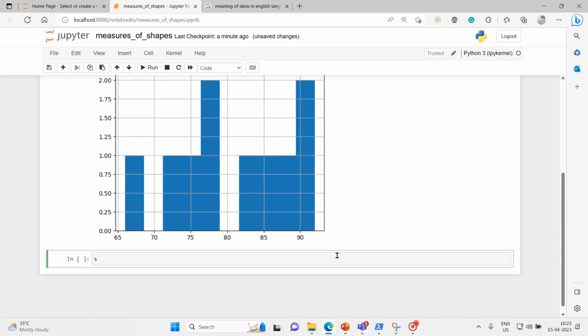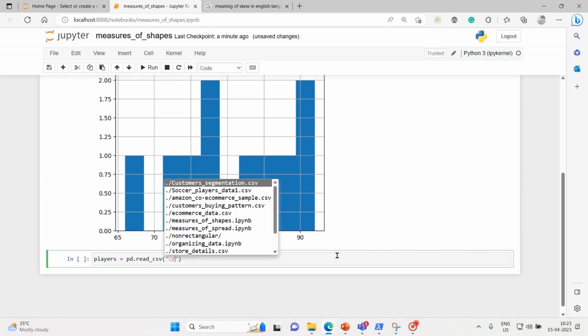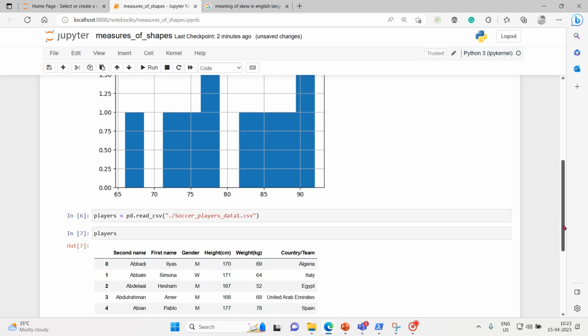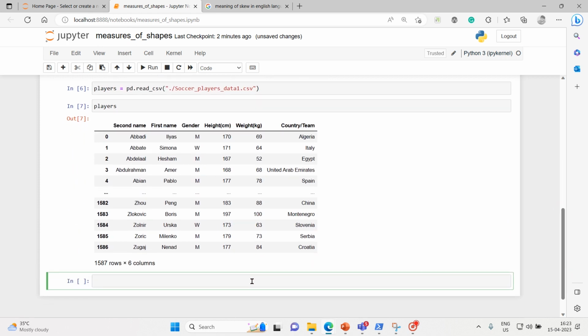Let me call the players data, soccer players. Yes, as usual, I'll go with the height in centimeter. So players, height in centimeter.